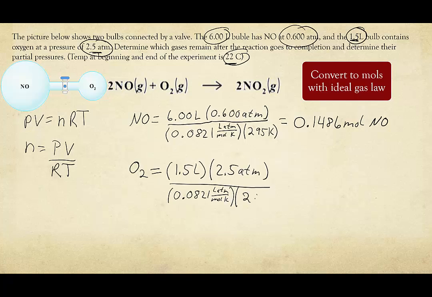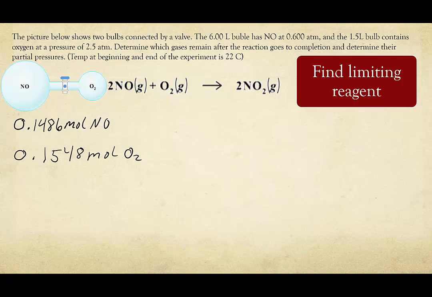From here, we have a limiting reactant problem, just as we did long before we knew what ideal gases were. So for finding the limiting reagent, we could go through and do the much longer version where we take each of our reactants and solve for our product. In this case, it may be better to do this a bit simply.